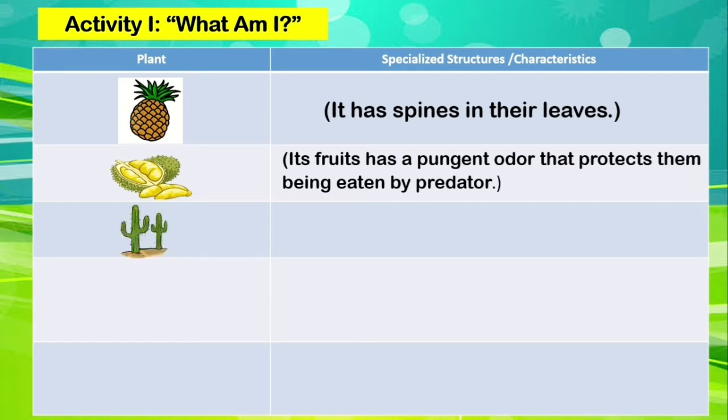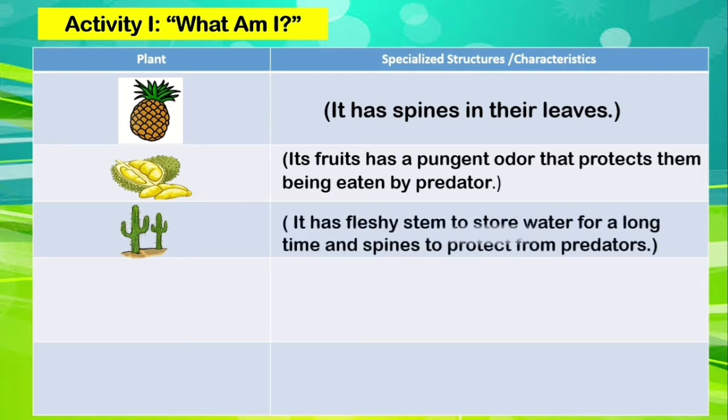Next is a cactus. What do you think are the characteristics of cactus? Very good. It has a fleshy stem to store water for a long time and spines to protect from predators. Next is a water lily.